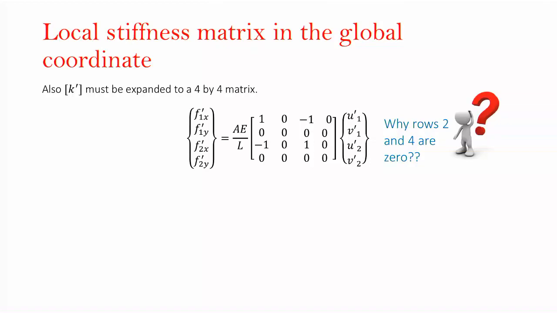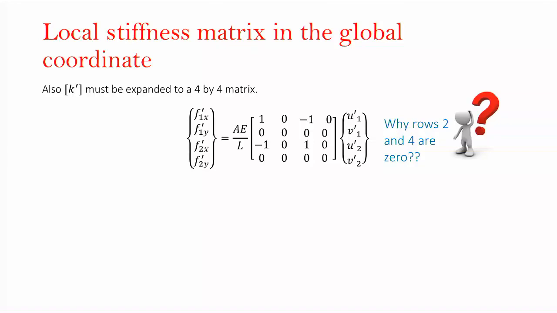If you write it down in terms of the local coordinates, like f prime x and f prime y, rows number 2 and 4 are 0 here. This is in the local coordinate.